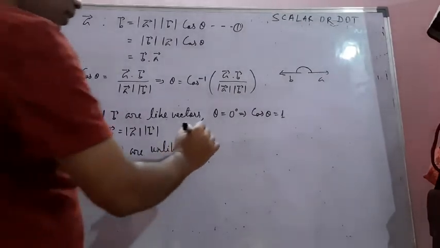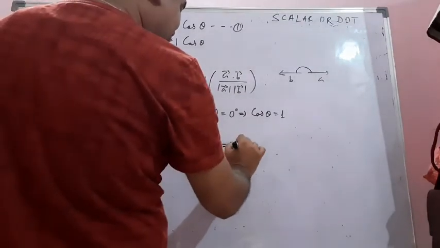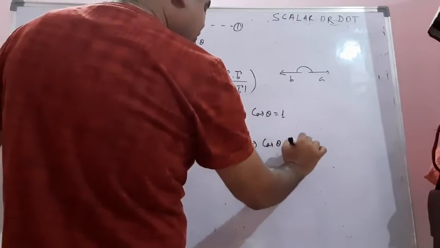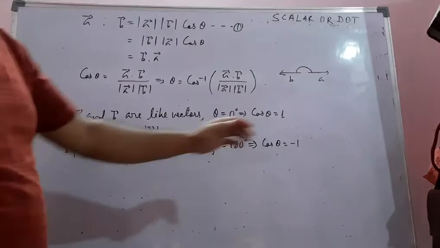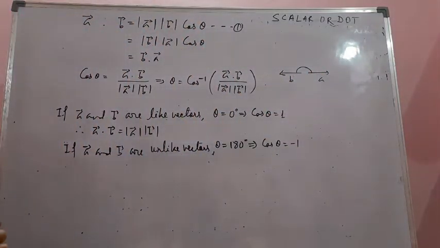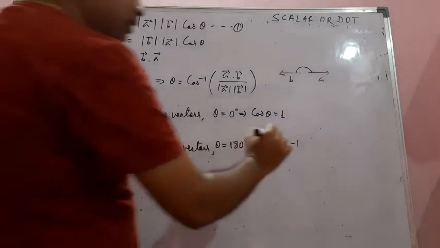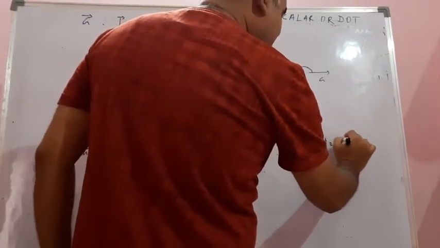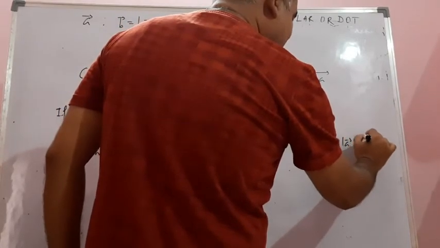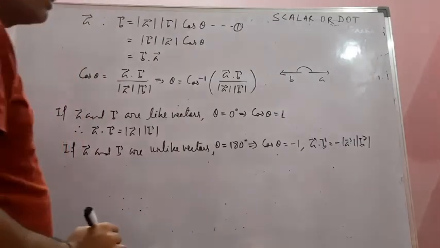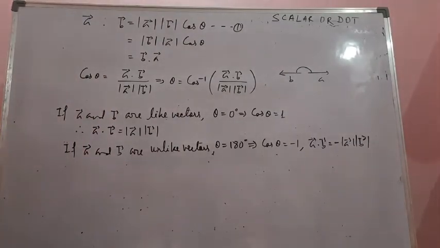So theta will be 180 degree or pi. If theta is 180 degree, then cos theta is minus 1. Then a dot b will be magnitude of a into magnitude of b into minus 1, or minus magnitude of a into magnitude of b.